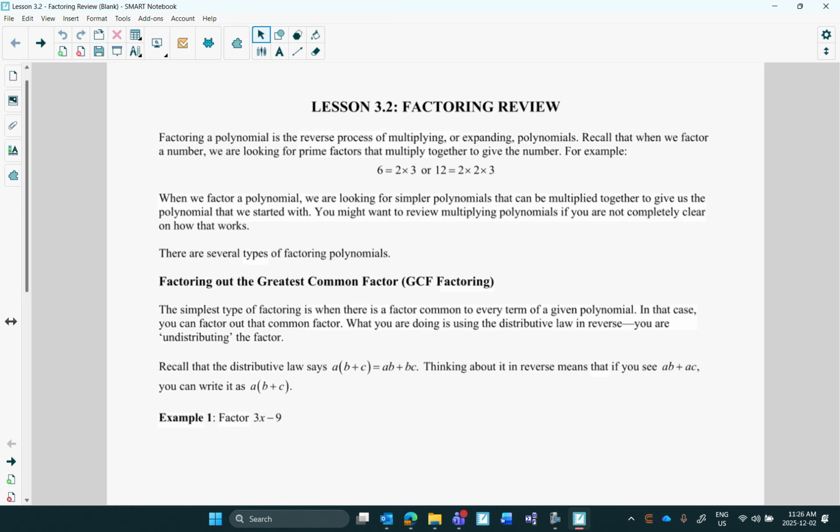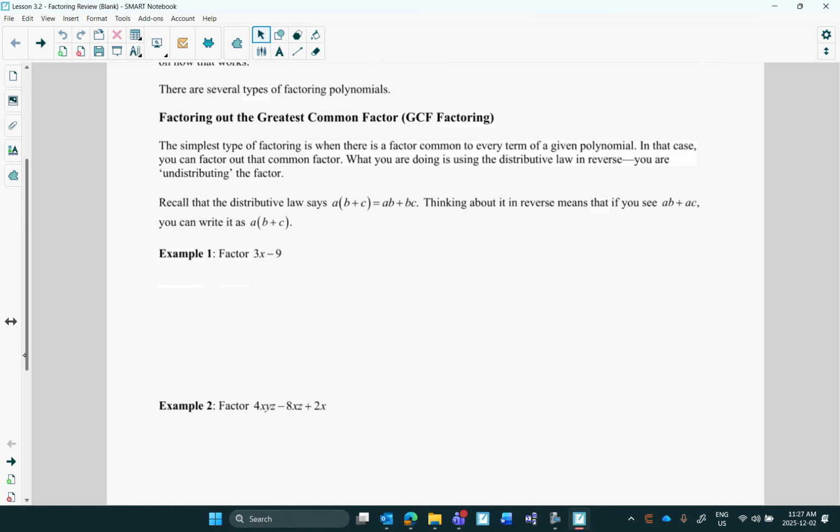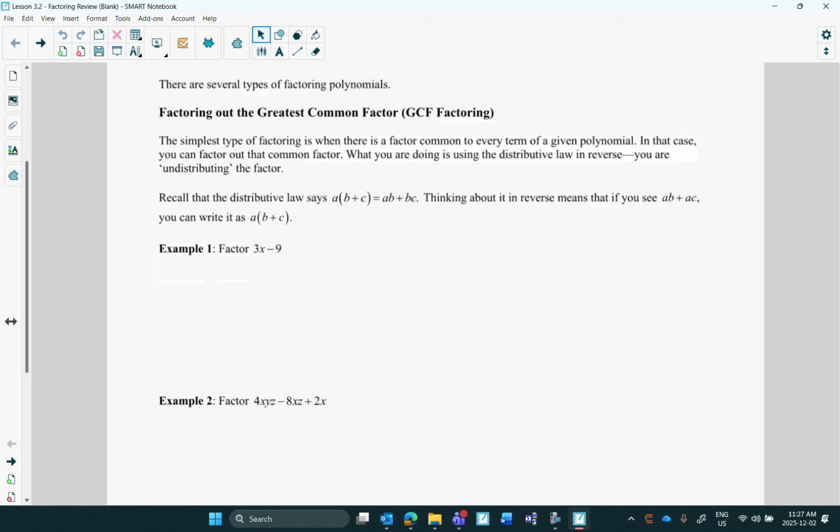Okay, you can have more than 2 factors, but normally it's 2 factors that when we break something up. So we're breaking something up so that when we multiply these 2 things together, we get the original expression. Okay? And remember, we talked about 4 types of factoring last year, so we'll talk about GCF first.